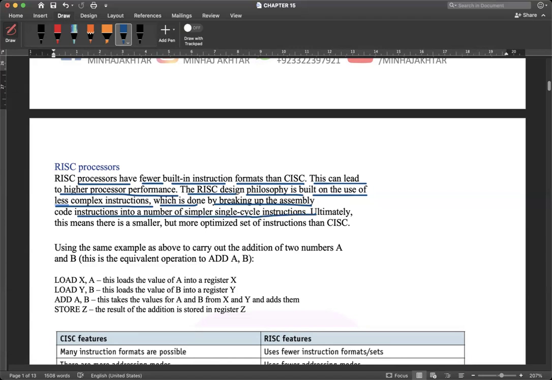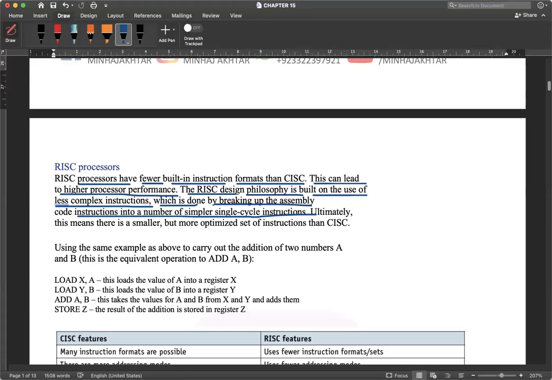Yes. So RISC instructions are not complex. They are easy for the processor to understand. Why? Because they break the assembly code into simpler instructions. Remember the top-down design, the structured design, the breaking down of a system into small tasks.